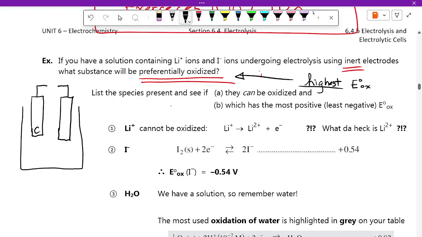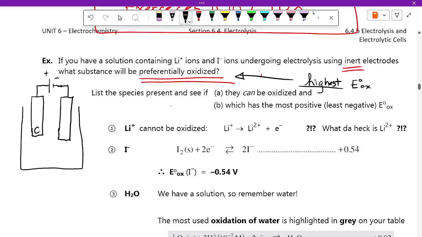And I'm going to have a battery here. How do we draw a cell or a battery? We draw one long line and one short line. And the long line is the positive, and the short line is the negative.